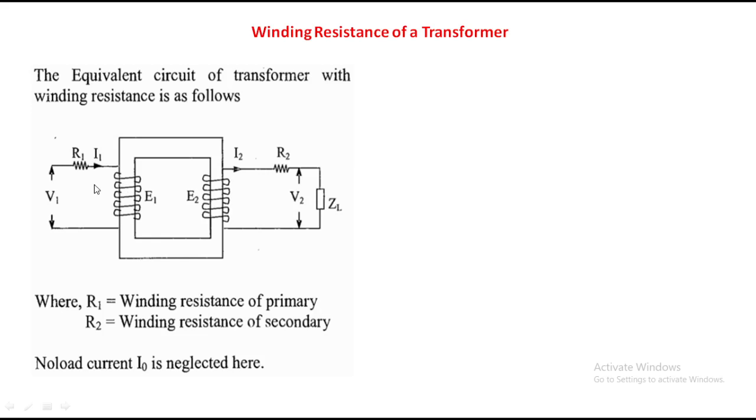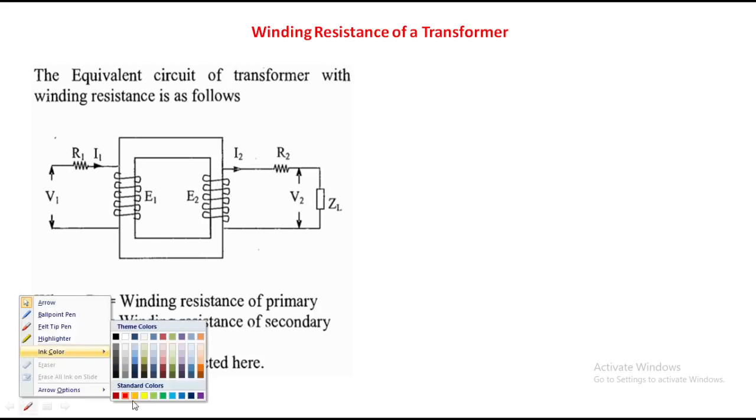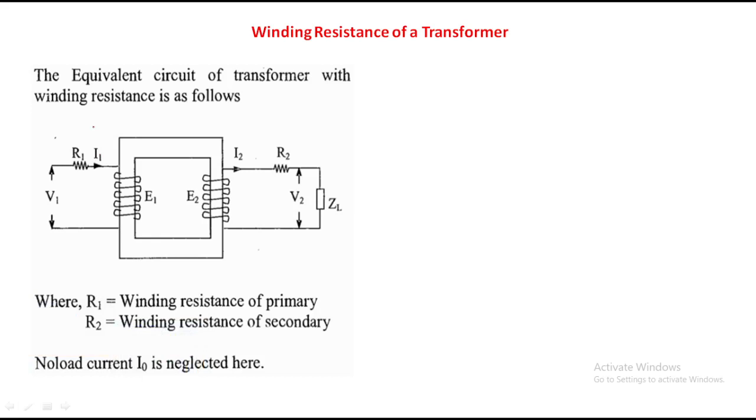So first I would like to discuss the winding resistance. The equivalent circuit of a transformer with a winding resistance is like this, right? We have a supply voltage, and we had a discussion on the operation of a transformer under load condition, and we all know that this current I1 is nothing but I0 plus I1 dash, right?